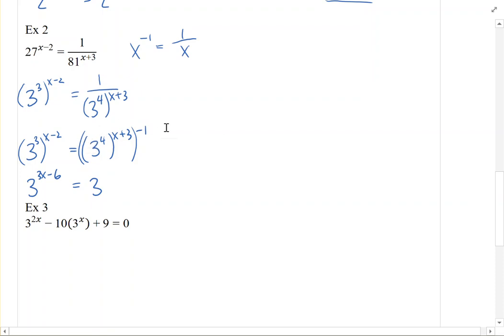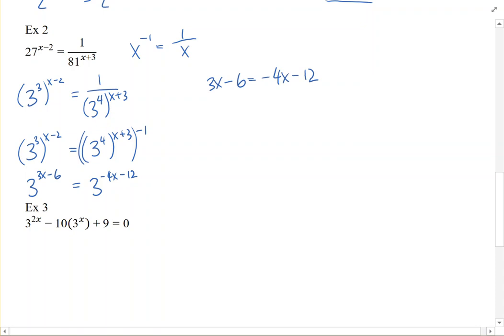So negative 4 times x is negative 4x, and negative 4 times 3 is negative 12. Since we have the same base again, we can just ignore the base and compare the exponents. So that leaves us with 3x minus 6 equals negative 4x minus 12.